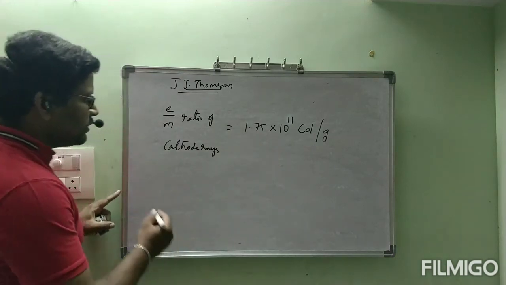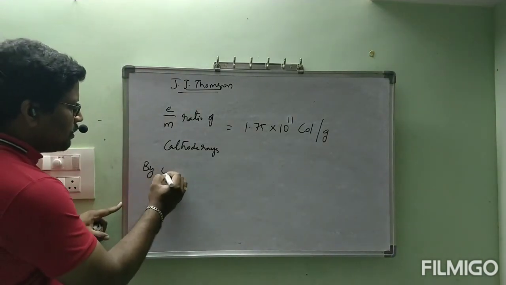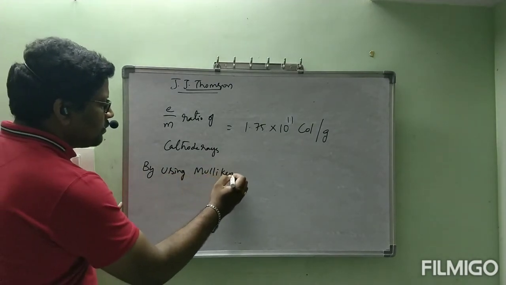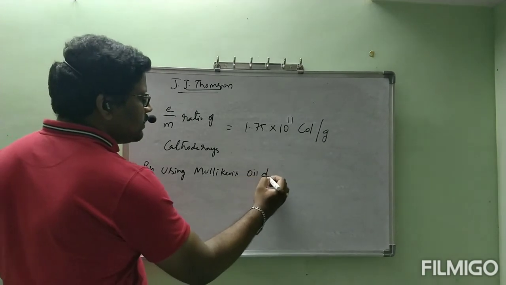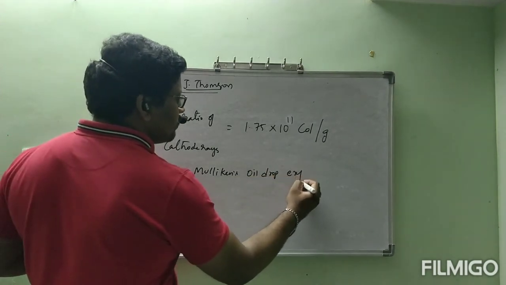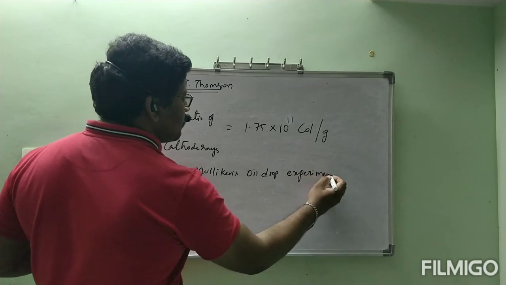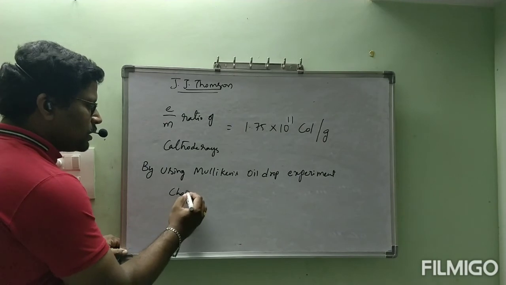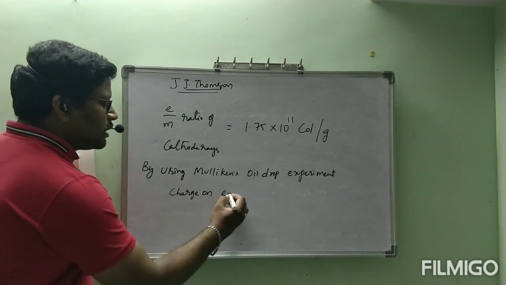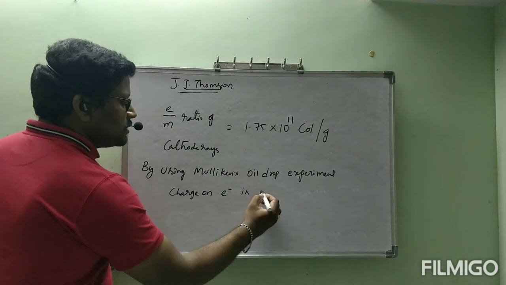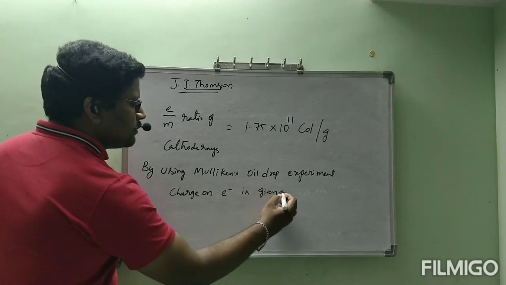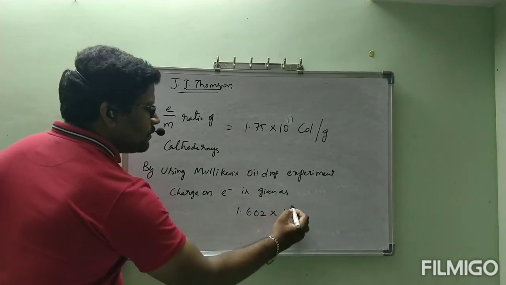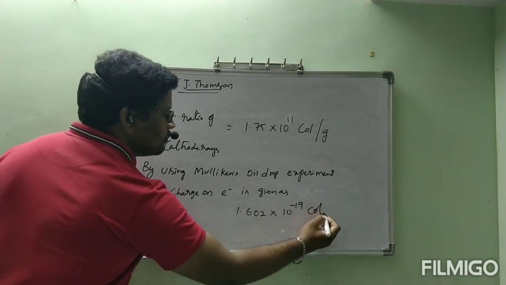Next point. By using Millikan's oil drop experiment, the charge on the electron is given as 1.602 into 10 power minus 19 coulombs.